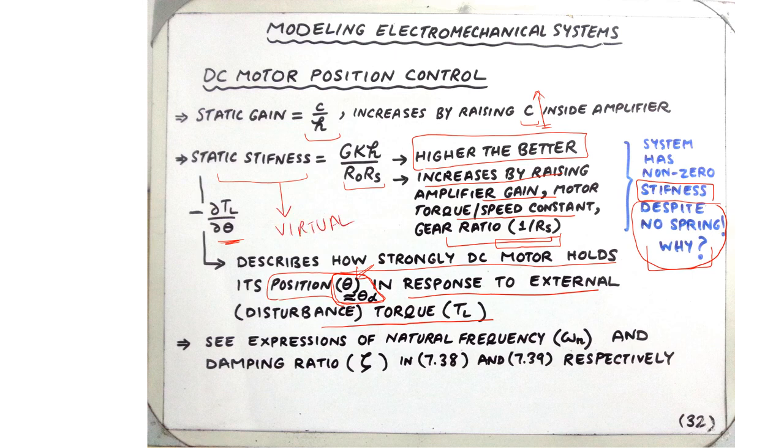You can call this a software stiffness, and it is a consequence of the feedback. So this virtual stiffness is a consequence of the feedback.